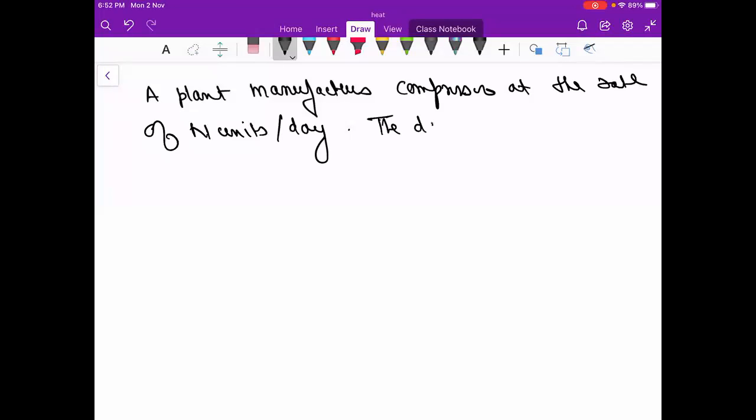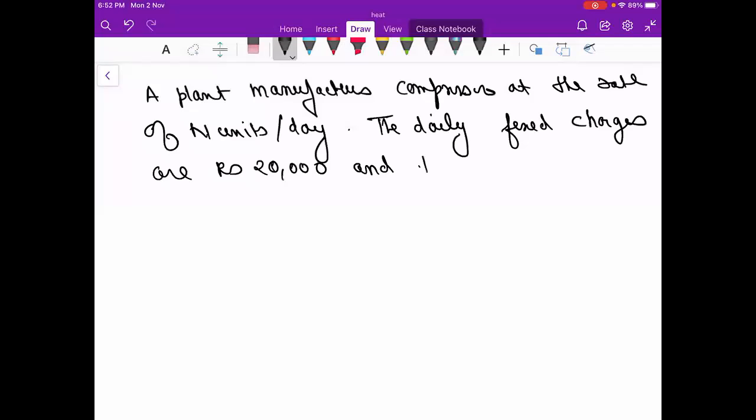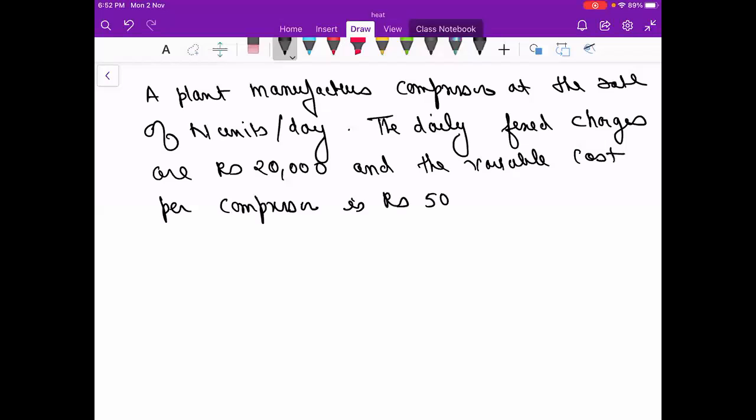The daily fixed charges are rupees 20,000 and the variable cost per compressor is rupees 500 plus 0.2 n to the power 1.3.